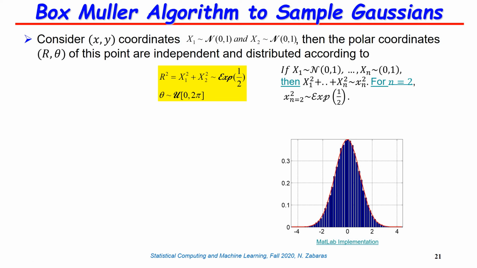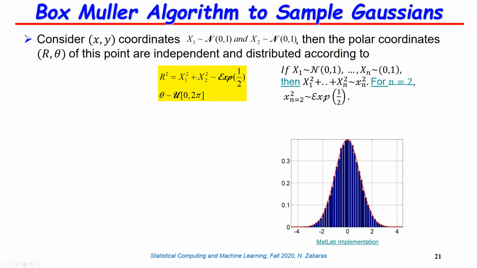Let me pose the problem of interest. Let's say that I want you to generate for me two independent samples, x1 and x2, from the standard Gaussian. Here's what I'm going to do: I'm going to take these samples x1 and x2 as if they were Cartesian coordinates, and define the corresponding polar coordinates r and theta, the radius and the angle.